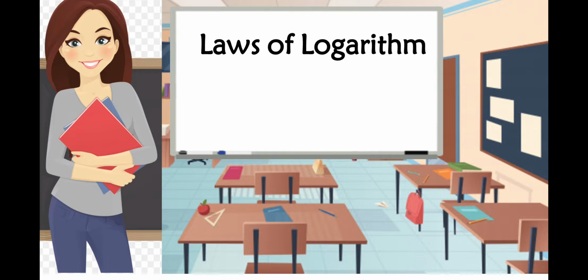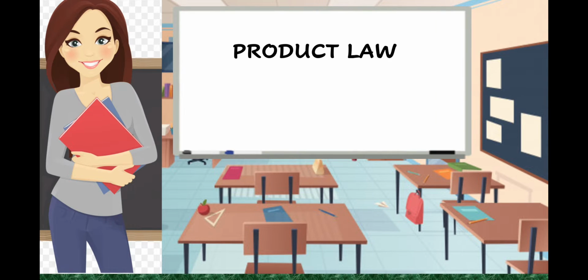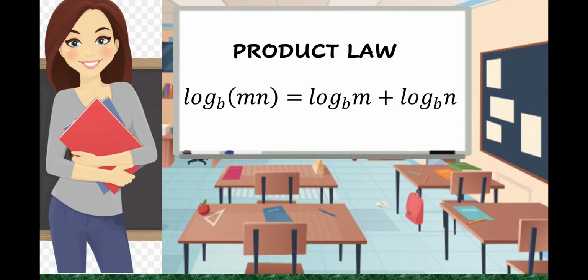So what are the laws of logarithm? Let b be greater than 0 and b not equal to 1, wherein n is an element of the real numbers, and m is greater than 0 and n is greater than 0. Then we have the product law. The logarithm of m times n to the base b means we're going to add the logarithm of m to the base b plus the logarithm of n to the base b.